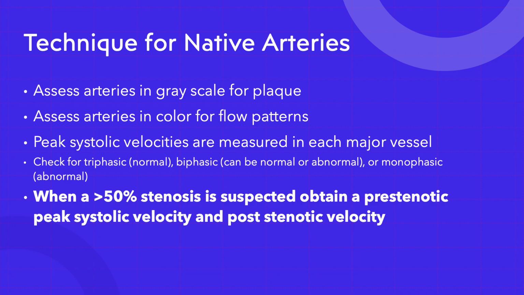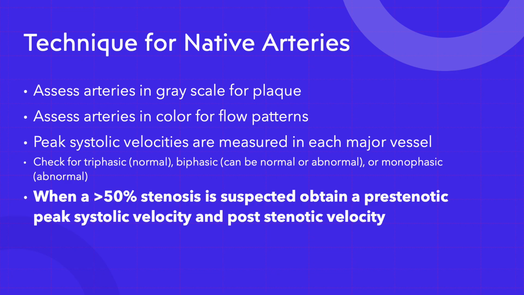Sometimes you might not see the plaque, especially if it's fresh plaque. It can be sort of dark. So that color will help you indicate maybe a blockage with the different hues. I have a picture at the end, it might be this slide or the next, to help you appreciate that. But anyway, that's how we assess the arteries in color to look for flow patterns, check for stenosis.